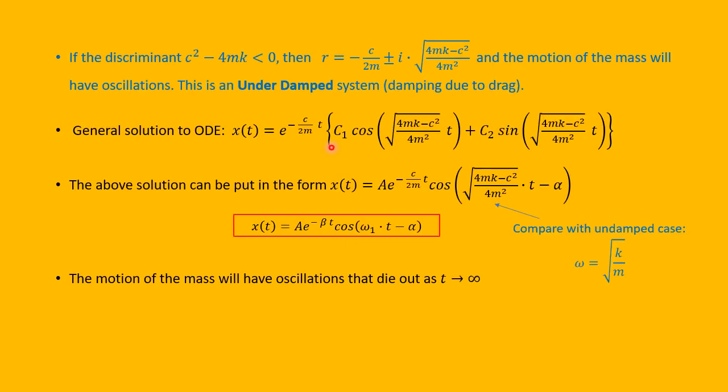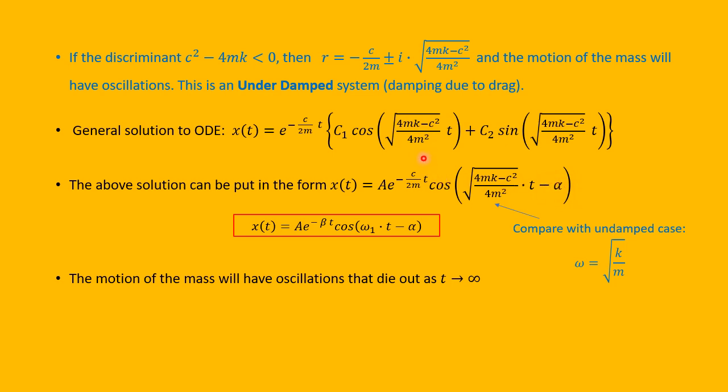So in this system, we saw that the general solution is this, and we can write this term plus this term as the cosine of this stuff, including a phase shift alpha.